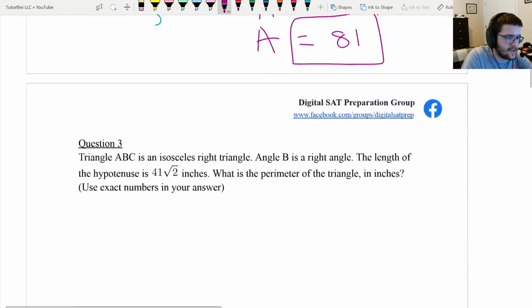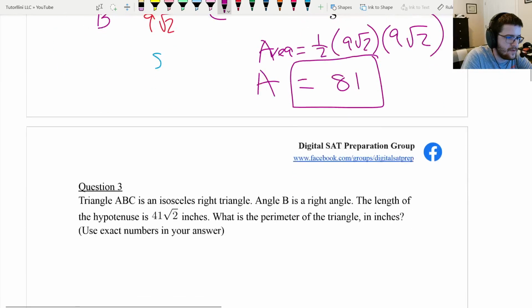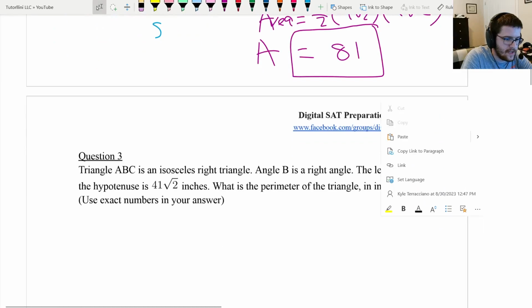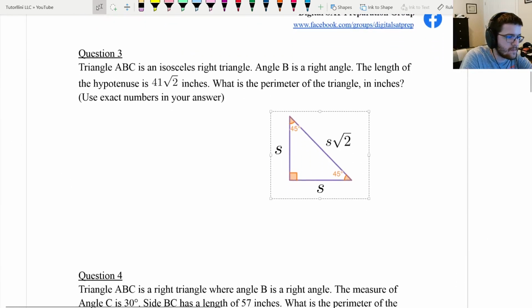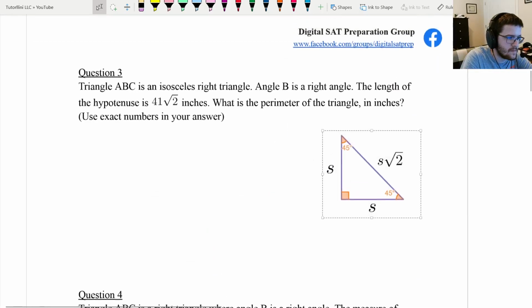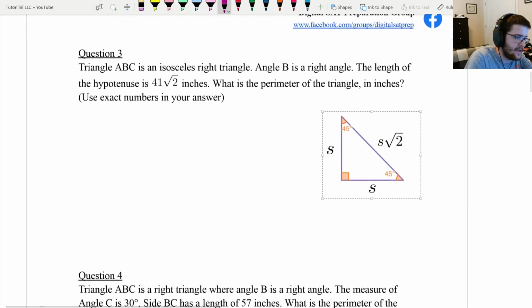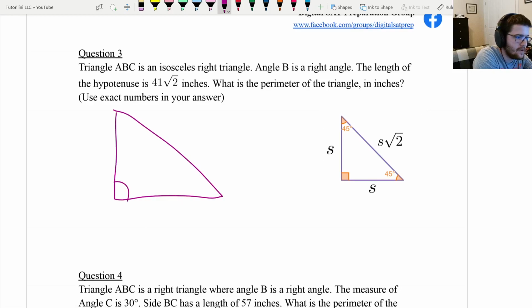Okay, we got another isosceles right triangle, so I'm going to once again kind of bring this guy over here. And we have, once again, S, S, S root 2. And then these guys are 45.